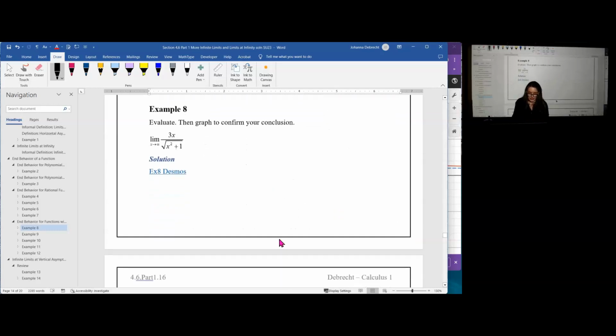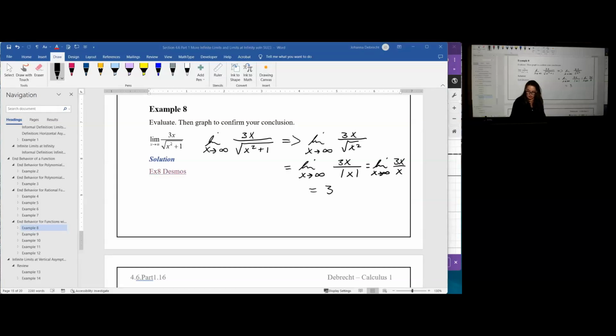Let's now take a look at example 8. Pause the video, work it out, then turn it back on to check your answer. So how'd you do? Did you get 3? Because you should have. In this problem, I only asked about the right end behavior as x approaches positive infinity.